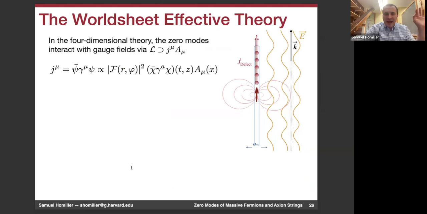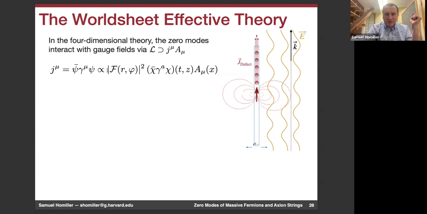One last bit of fun, since I have these zero mode profiles solved for analytically, I can look at what the effective theory on the world sheet looks like. So I have this string, and I just put it in the background of a 4-dimensional gauge field and study kind of what the interactions of these things look like from the perspective of some observer that lives on the string. And so again, the zero modes interact with the gauge field through an ordinary electromagnetic interaction.